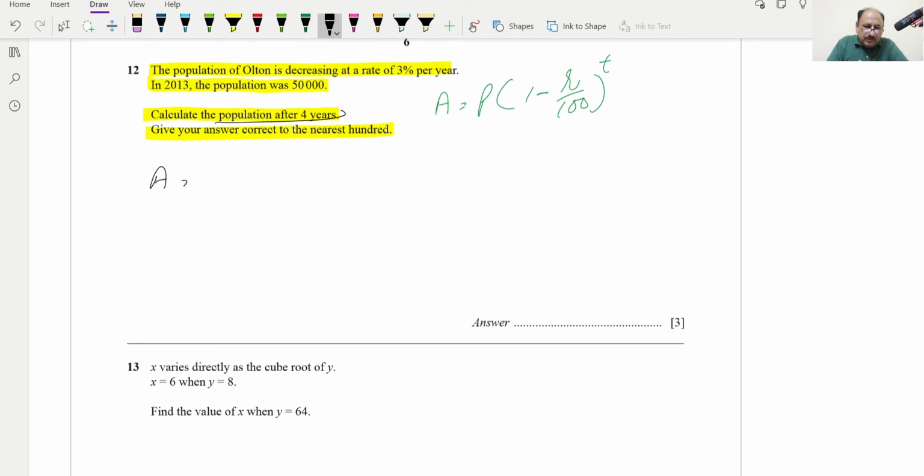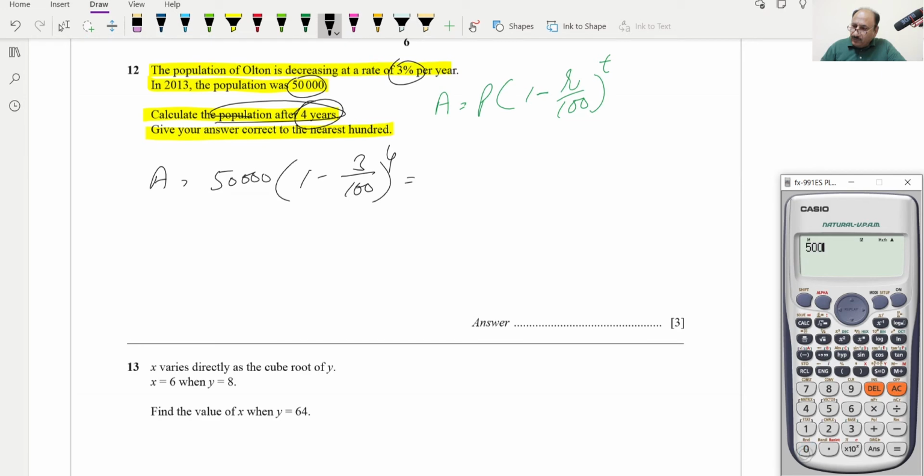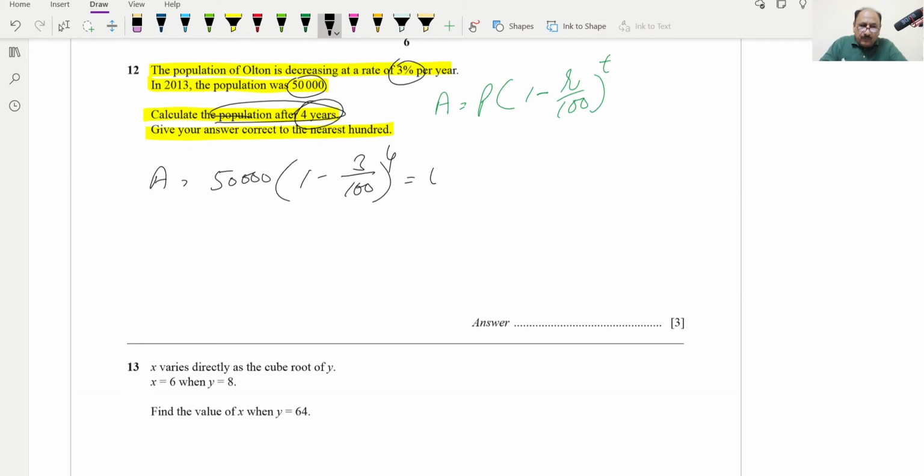We can write amount or population. In this case it will be population after 4 years. Population after 4 years will be equal to starting population, which is 50,000, into 1 minus rate, which is 3%, so 3 over 100, raised to the power 4 years, and this is equal to 44264.64.